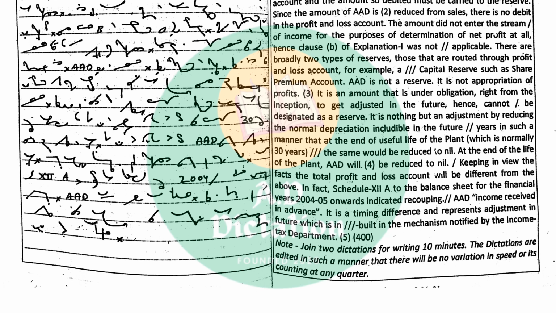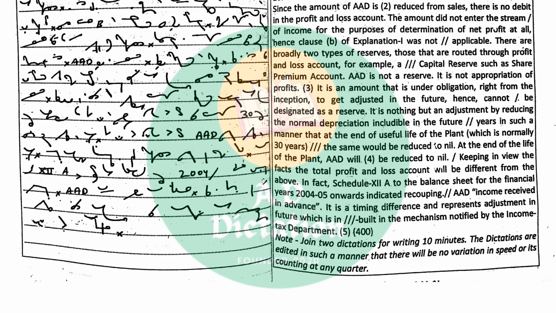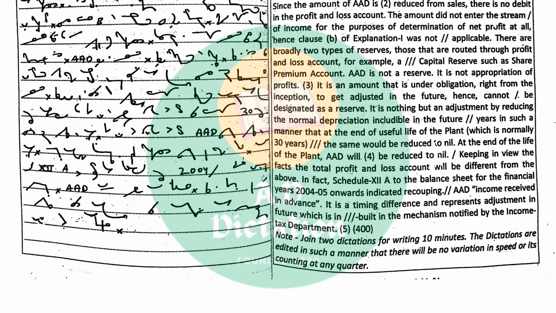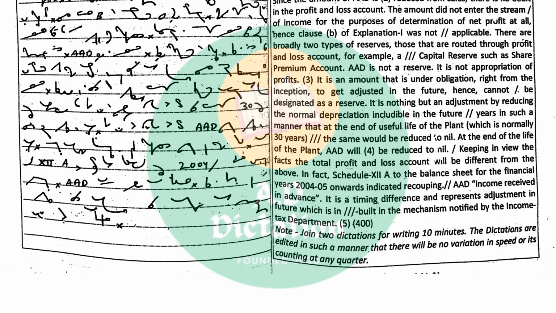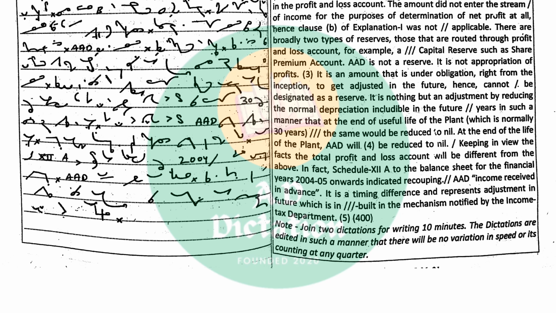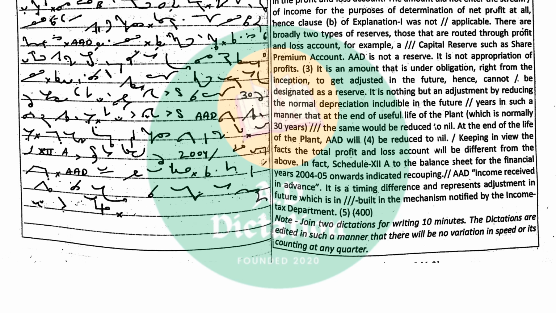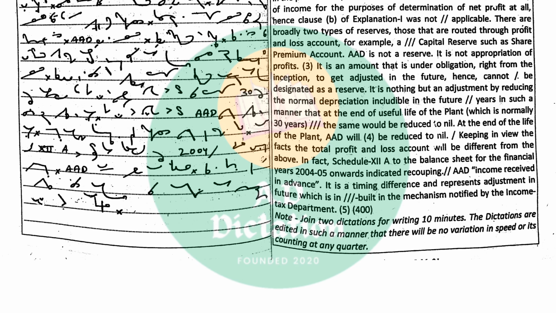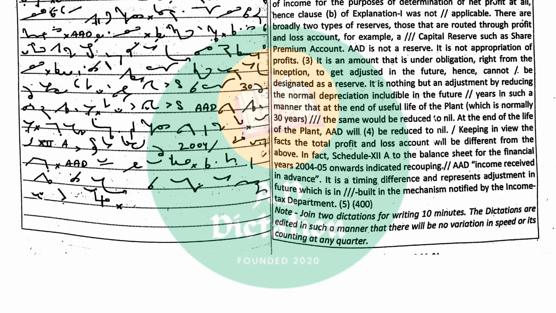In fact, Schedule 12(A) to the balance sheet for the financial years 2004-05 onwards indicated AAD within double quotes as "income received in advance". It is a timing difference and represents an adjustment in the future which is inbuilt in the mechanism notified by the Income Tax Department.